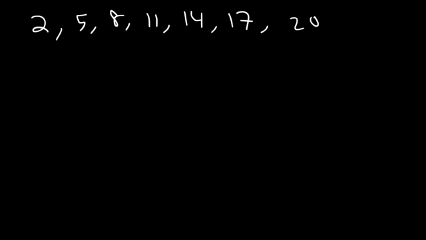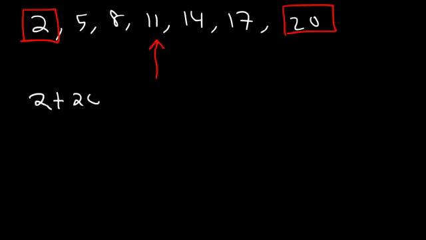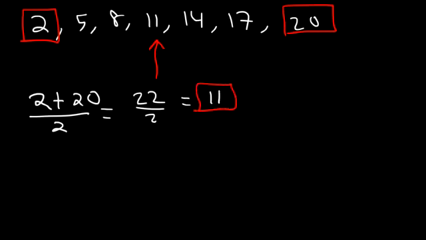If we were to calculate the arithmetic mean of 2 and 20, it's going to give us the number right in the middle of 2 and 20. So the arithmetic mean is the sum, 2 plus 20, divided by 2. 2 plus 20 is 22, and 22 divided by 2 is 11, which is the arithmetic mean.